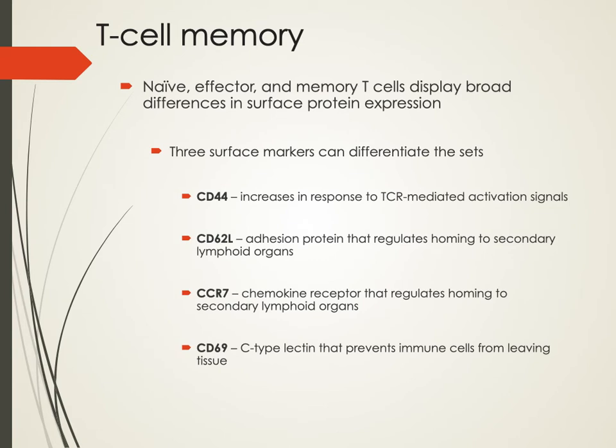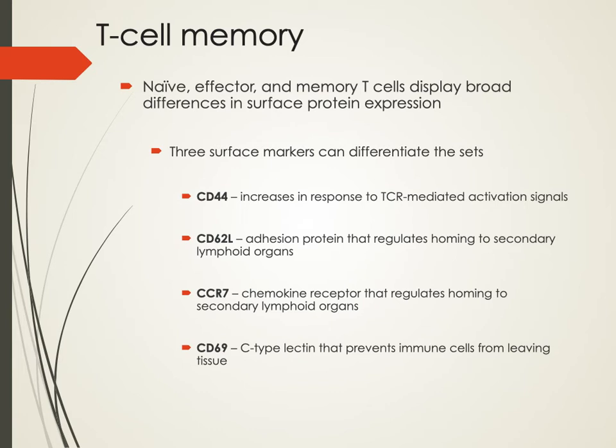So just looking at T cell memory, I always feel like B cell memory is looked at more, but T cell memory is really important. There are different surface markers that can differentiate our different T cells.